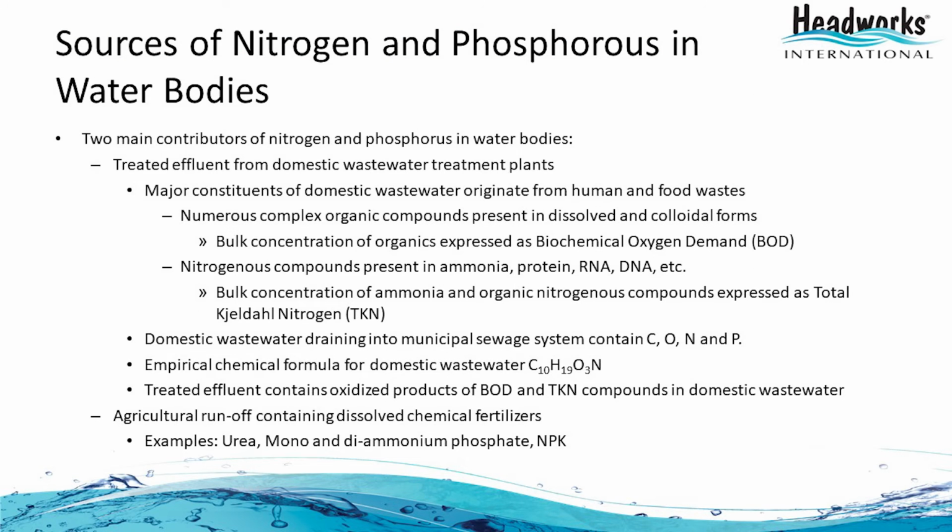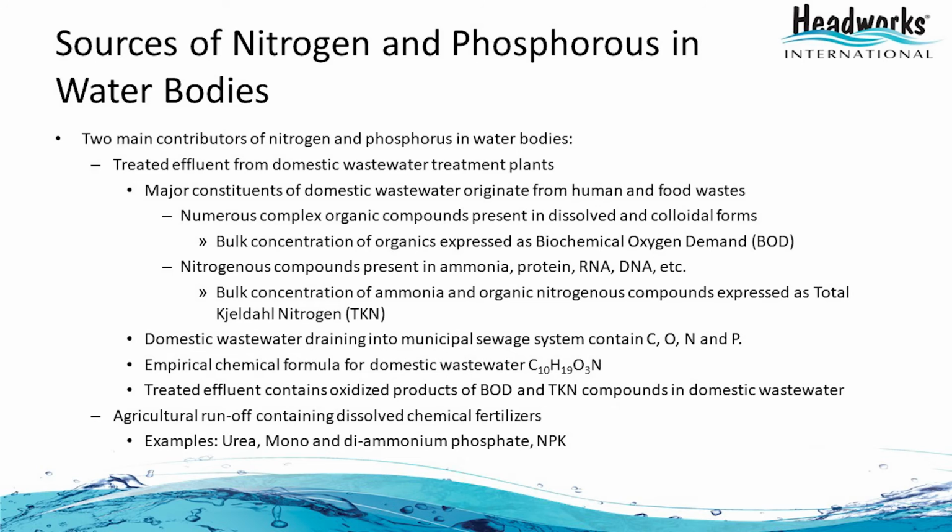Okay, so as I was mentioning, what are the sources of nitrogen and phosphorus in water bodies? There are two major sources. One is the discharge of domestic wastewater, which originates from human and food wastes. There are many complex organic compounds present in both dissolved and colloidal forms, which make up the organic part of the wastewater, expressed as the biochemical oxygen demand.